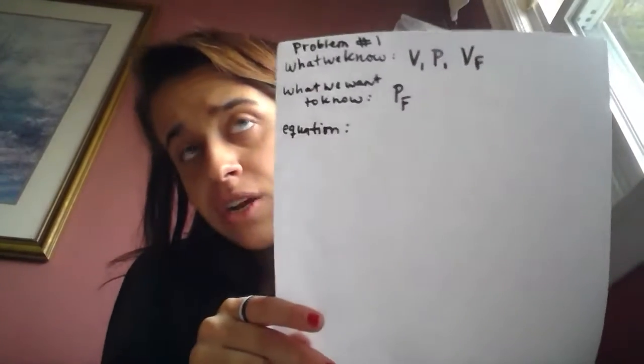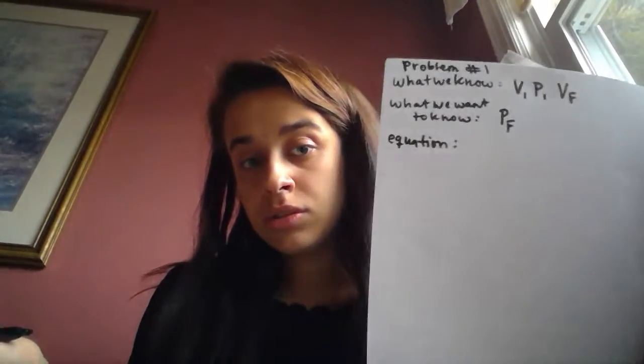So what is an equation that we can use to solve for this? I'm a chemistry student, I think back to the 3 gas laws that we talked about. So I have Boyle's law, we have Charles' law, and we have Gay-Lussac's law. So which one has these 4 variables in it? And I remember, I look back at my notes, I just remember off the top of my head.